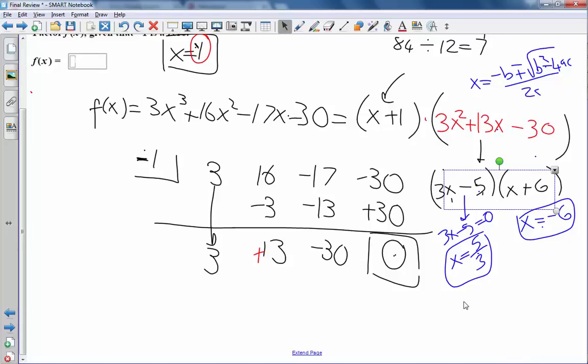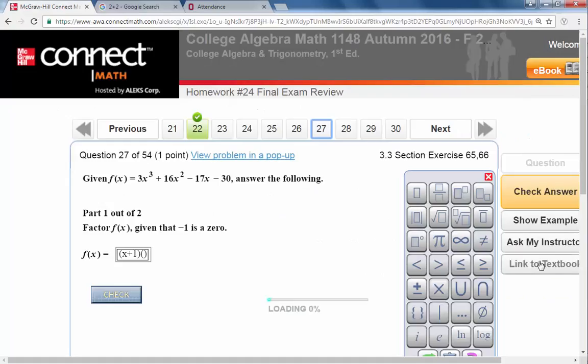If you do the quadratic formula, you will skip from here to there. You won't get this, so you need to flip this back somehow. I mean, you can do it, but x minus 5 and x plus 6.